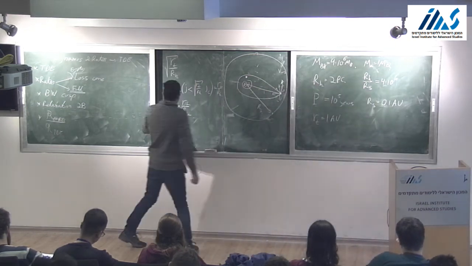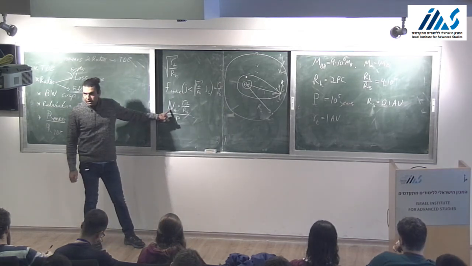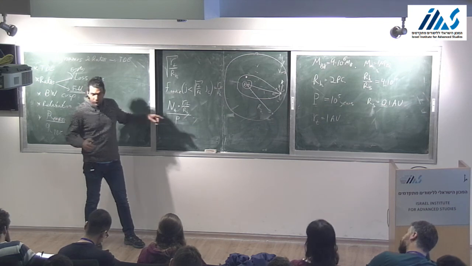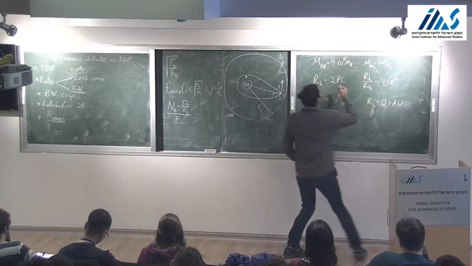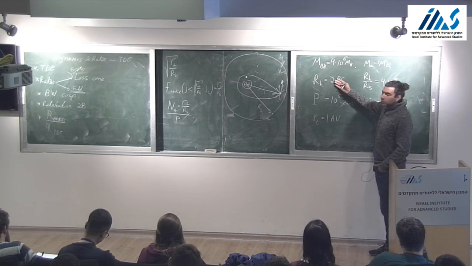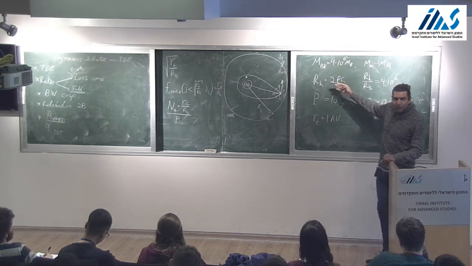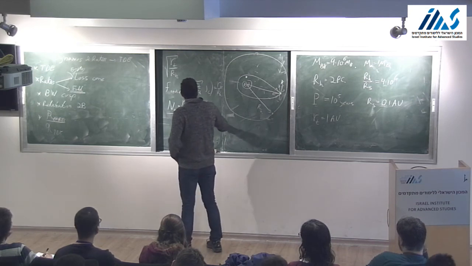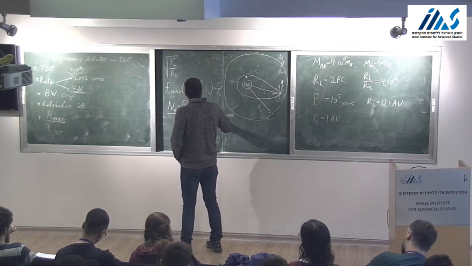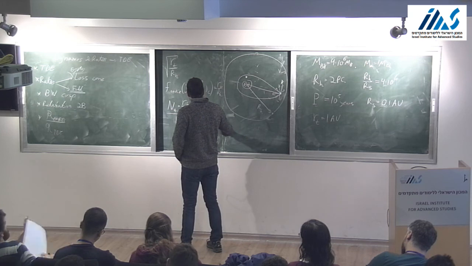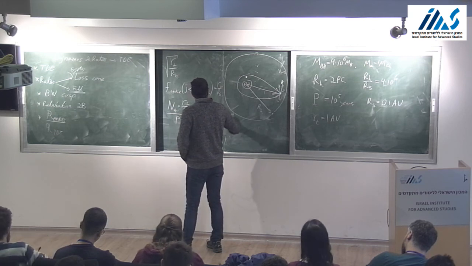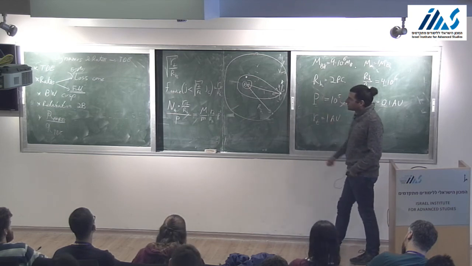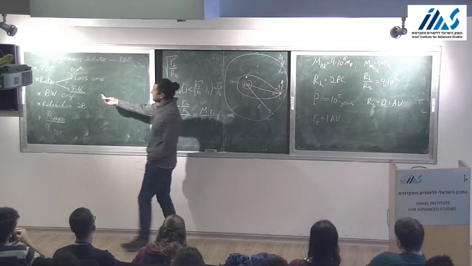Now, the number of stars is nothing else but the ratio between the mass of the black hole and the mass of the star. Because by definition, we are looking at a distance where the mass of the stars is equal to the mass of the black hole. So another way to write that rate is m black hole over m star times RT over RH divided by P. Okay? So this is the full loss cone case.